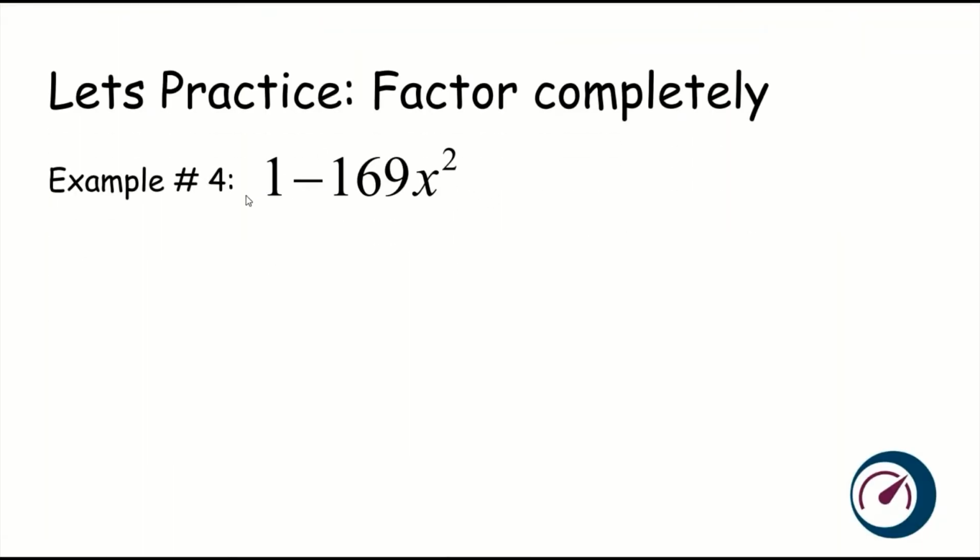Now example 4. Now most students get flustered when they see 1. Remember, 1 is the same thing as saying 1 times 1. And the square root of 169 is 13. Hence 13 times 13 gives us 169. So we have our two perfect squares subtracting each other. So we can say 1 times 1 minus 13x times 13x.